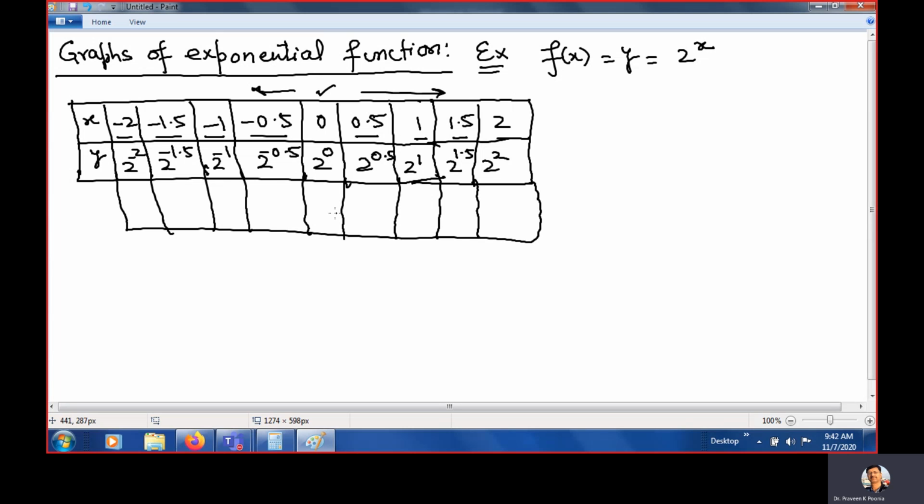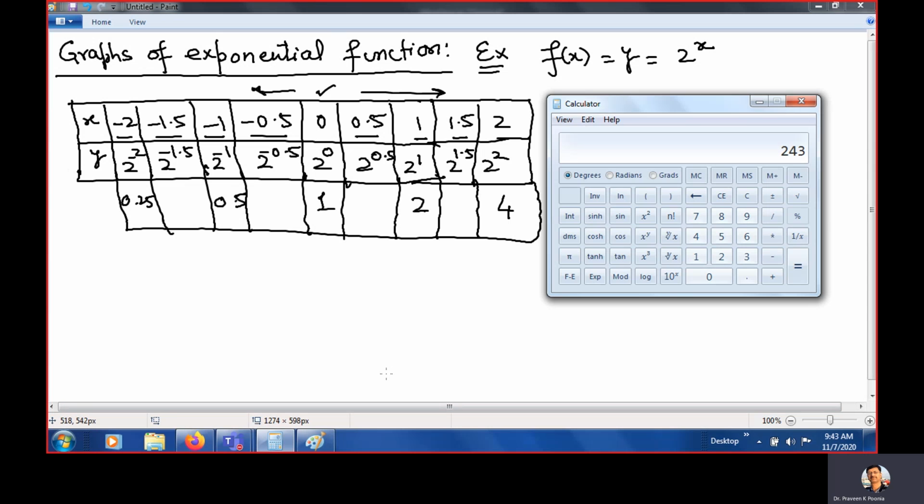Clear? Some values we can write directly. Any number with 0 exponent is 1. 2 power 1 is 2. 2 power 2 is 4. Clear? 2 power minus 1 is 0.5, and 2 power minus 2 is 0.25. The rest of the values we need to evaluate with the help of a calculator.